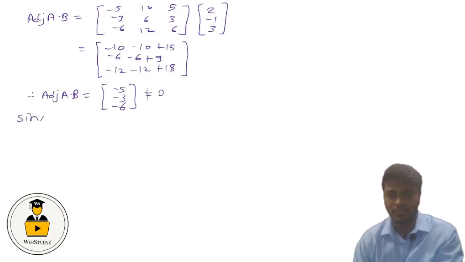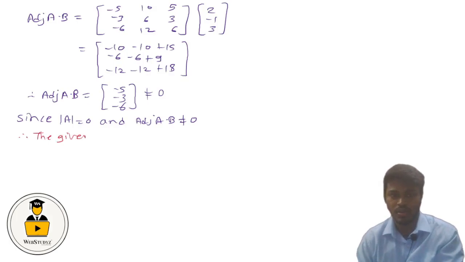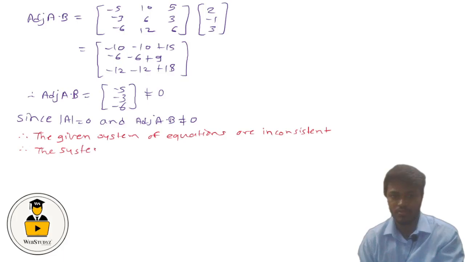So we can say that since determinant of A is equal to 0 and adjoint of A times B is not equal to 0, we can say that the given system of equations are inconsistent, and we can say that therefore the system of equations has no solution.